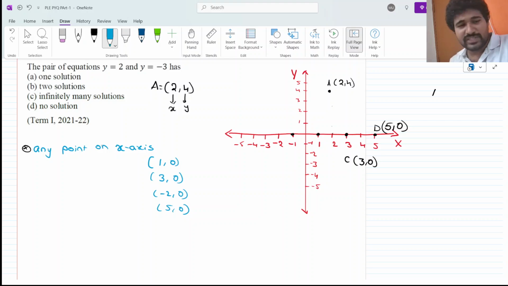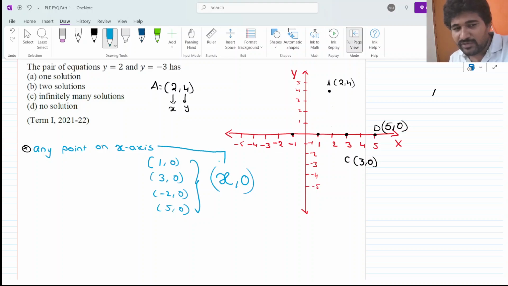Correct? So generally, if you write a point, how will you write any point on the x axis? X, 0. General point x, 0.